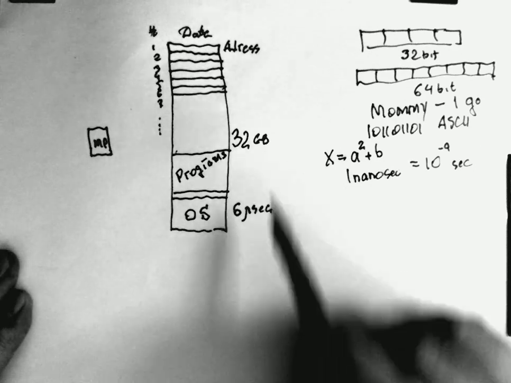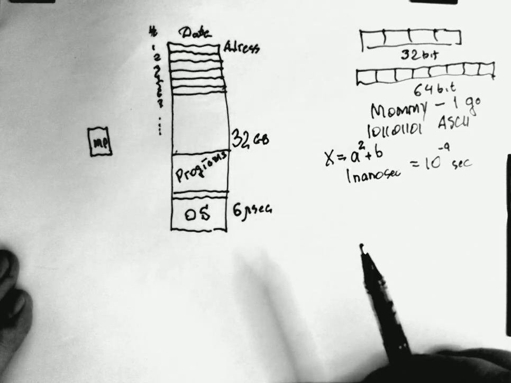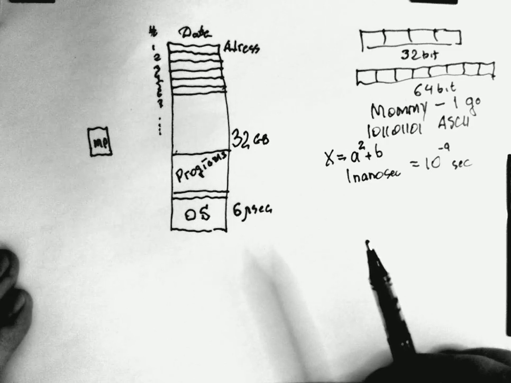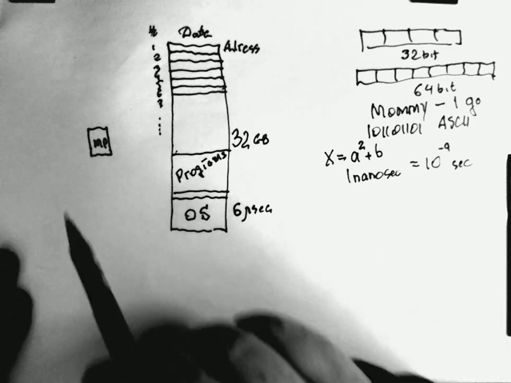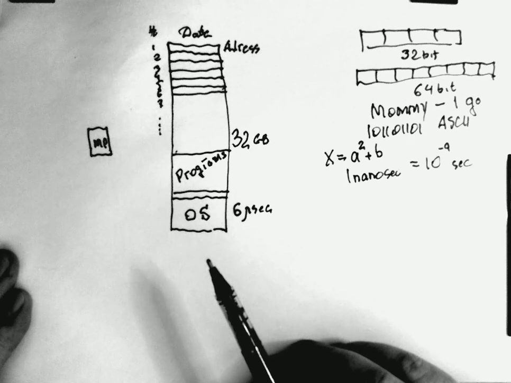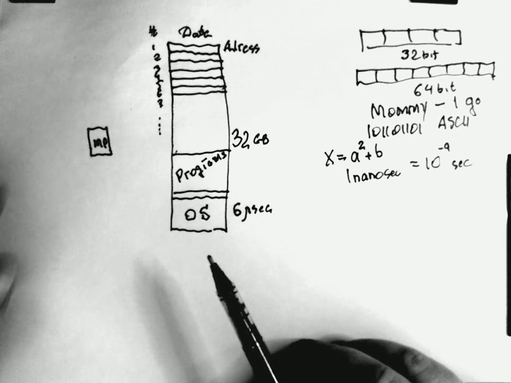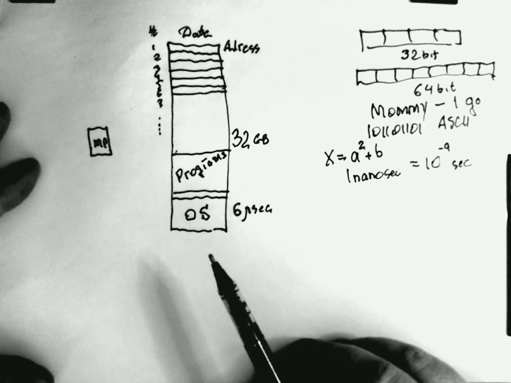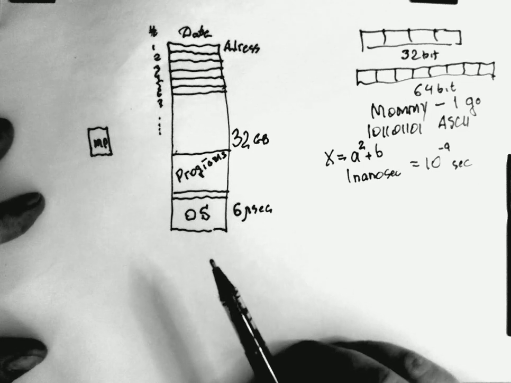This is a very small fraction of a second. So I can tell you that memory is extremely fast, and its speed is comparable to the microprocessor.